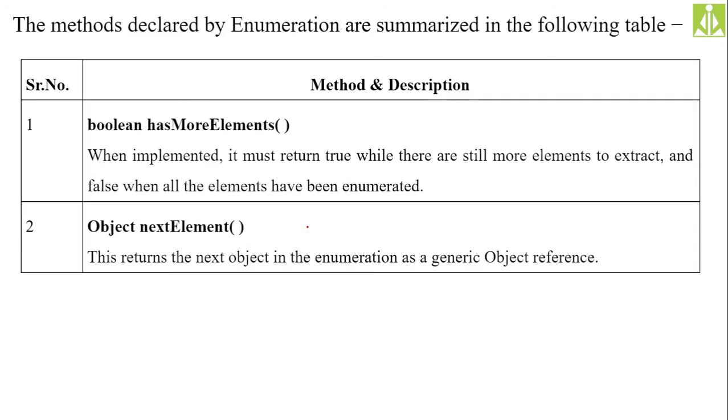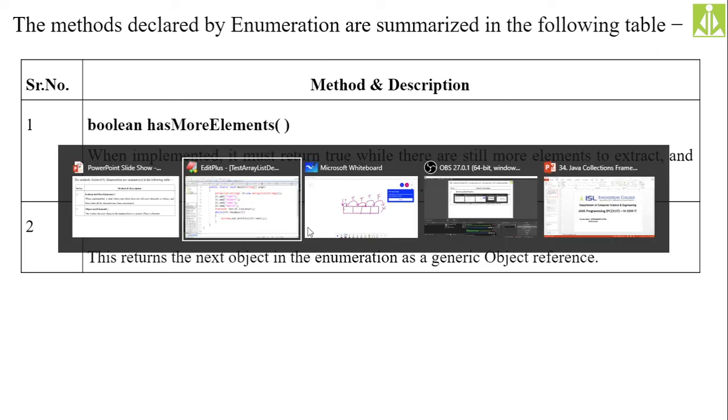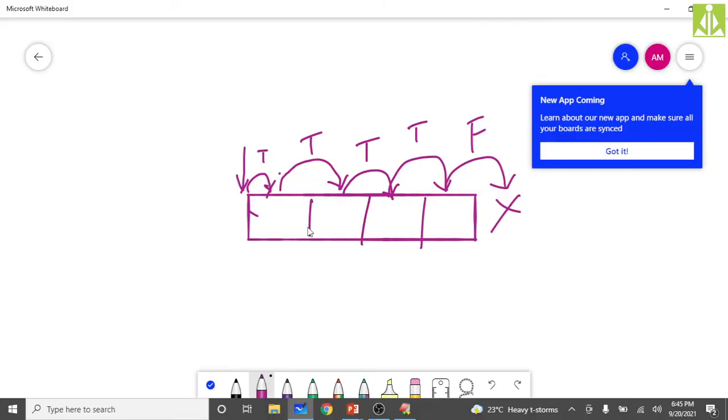Here are two of the important methods of Enumeration, which are very similar to your Iterator. For hasMoreElements, inside the Iterator we use hasNext, but here we use hasMoreElements. The job is the same: it checks for the availability of the next element.